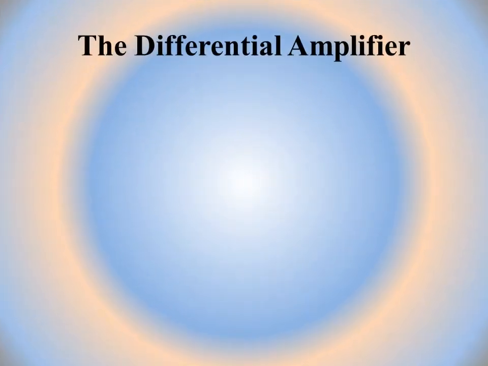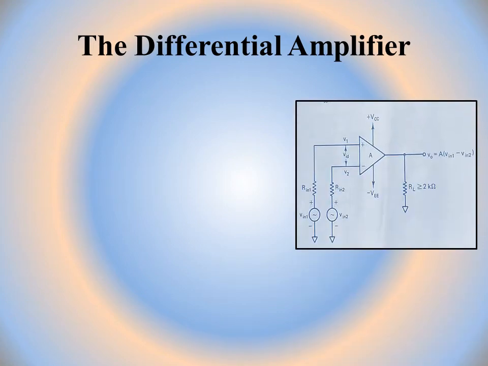Now first of all, we will discuss the differential amplifier. This is the basic open loop configuration of a differential amplifier circuit. In the figure, we see that two power supplies are connected.